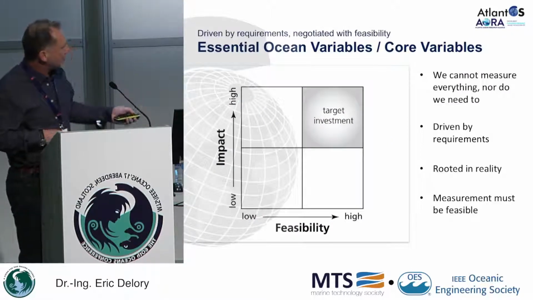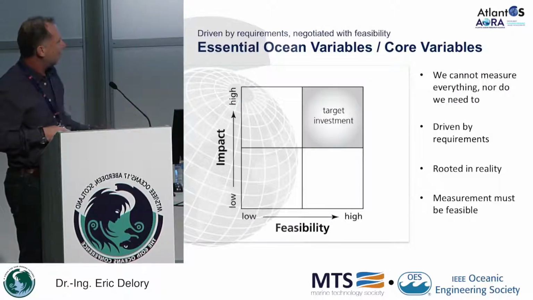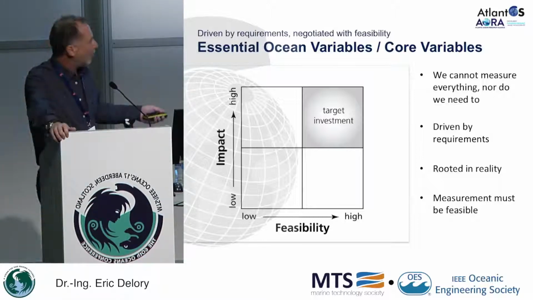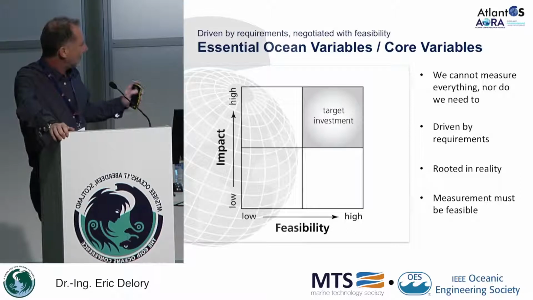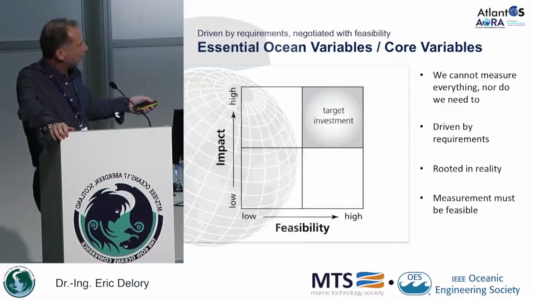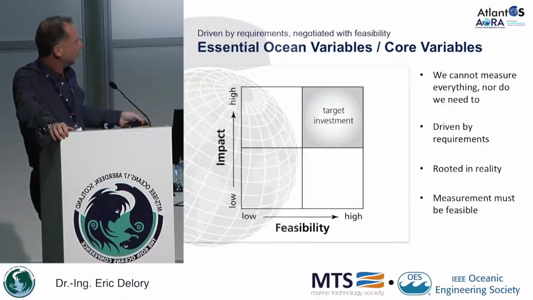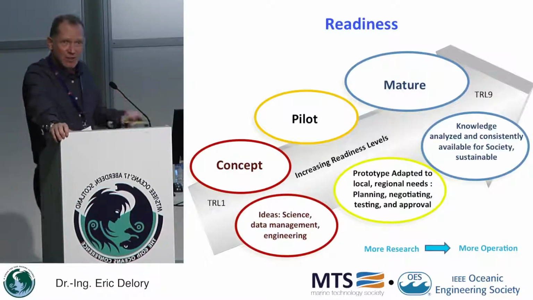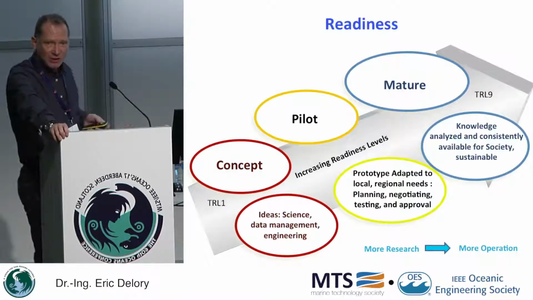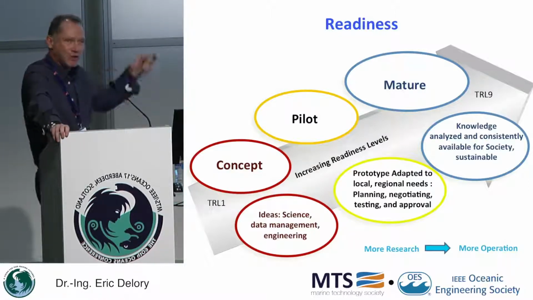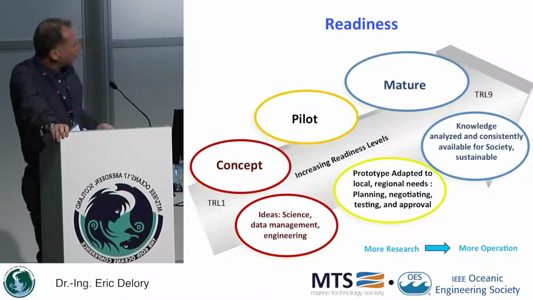Basically, this is the type of projection that we use for choosing where we should invest our efforts. The target investment should be a combination of high impact and high feasibility. And that links then to what is possible to do technologically speaking: what is ready today, what will be ready tomorrow, and how we should think of the remote future.